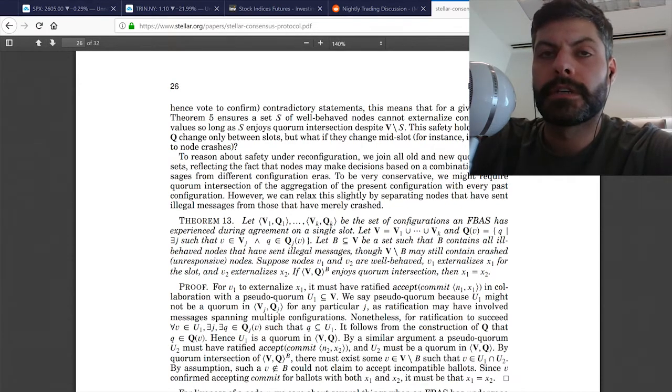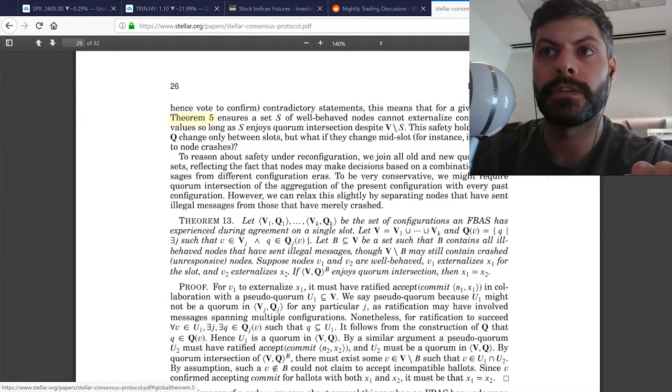Theorem 13. Let the tuple v1 q1 all the way to vk qk be the set of configurations an FBAS has experienced during an agreement on a single slot. Let v equal v1 union all the way to vk, and the function q of v equal all elements q for which there exists j such that both v is an element of vj and q is an element of the function qj of v.